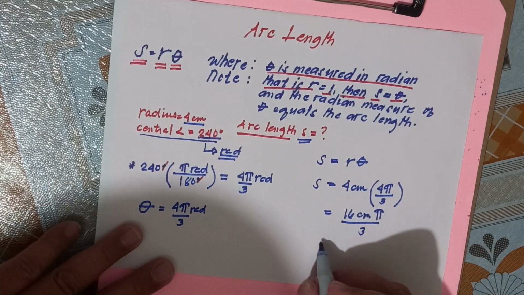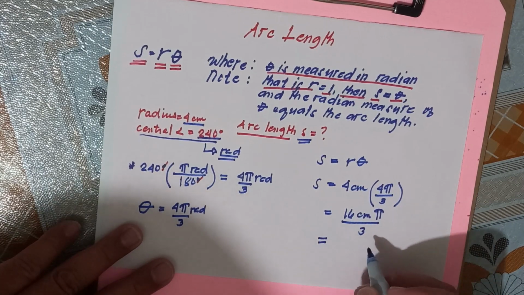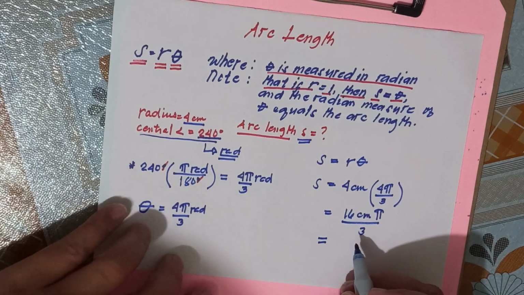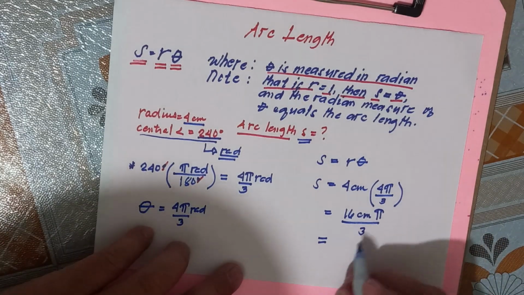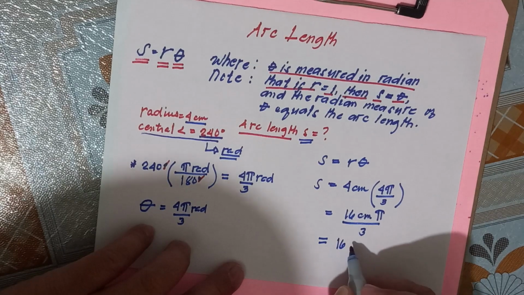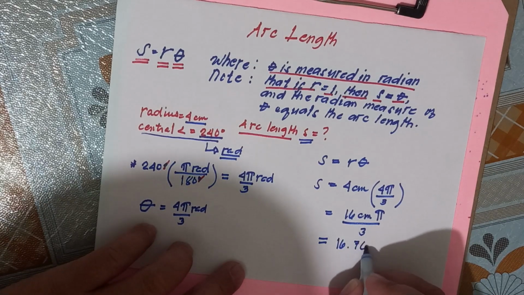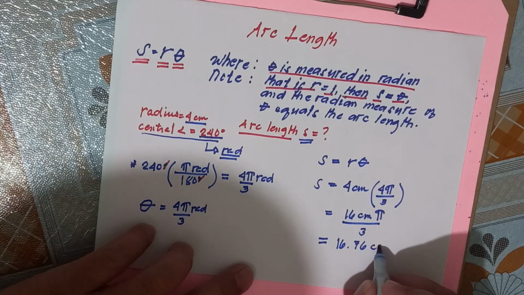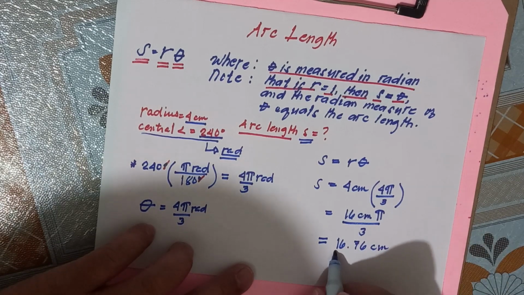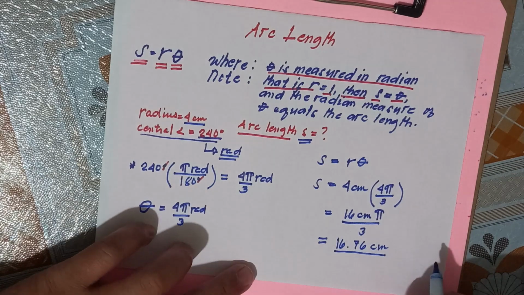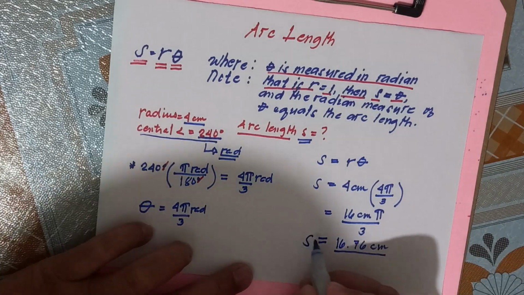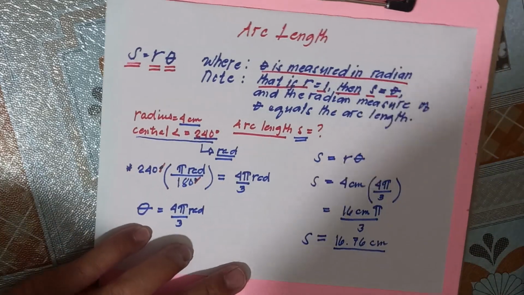When we divide, it will give you 16.76 centimeter. So that is the arc length.